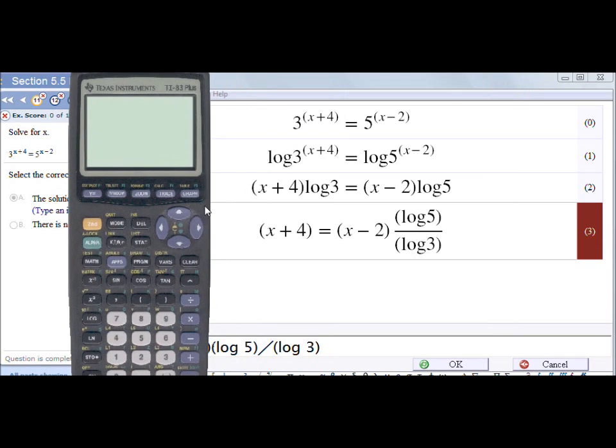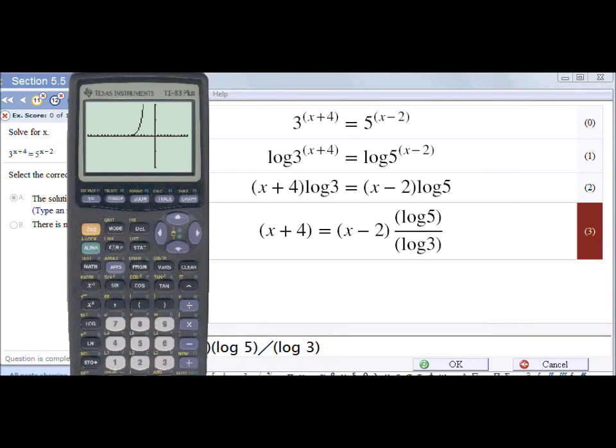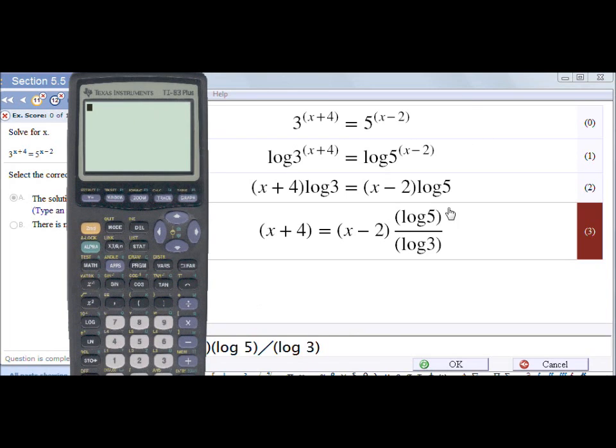So let me turn it on. And second, quit. Okay, so we use log of 5, parentheses, divided by log of 3, parentheses, enter. And there's what I have.